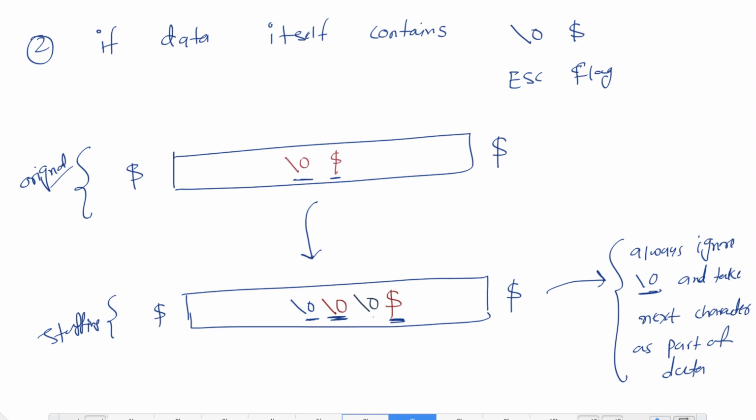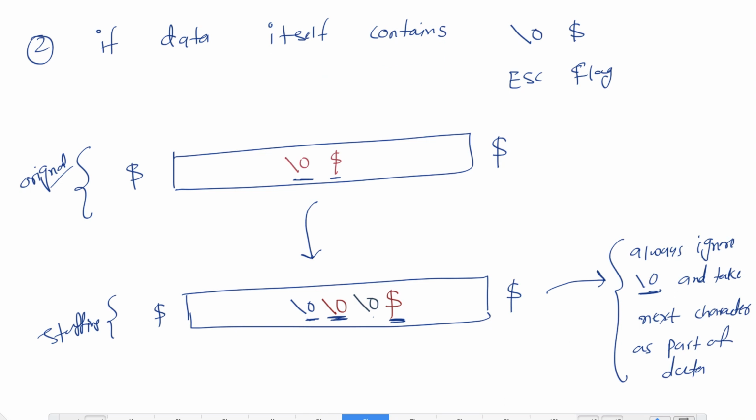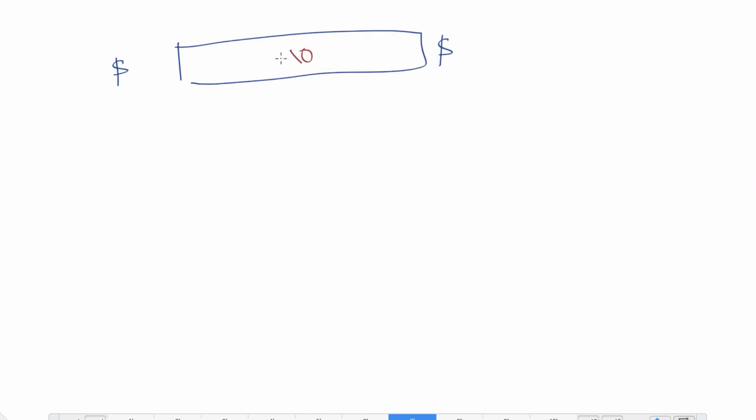Now what if your data has only \0, which means you have packed this between $, and your data has only \0? If the rule is that the receiver ignores this \0 and treats the next character as a part of data, and you send this as it is, the receiver will ignore this, but you do not want it to be ignored. So what is the solution?